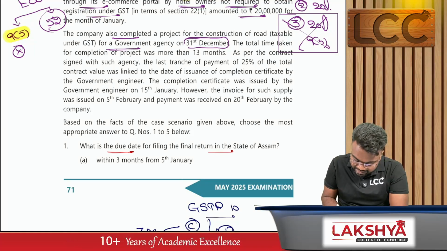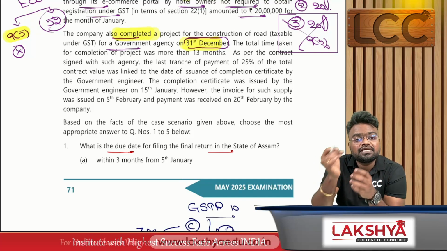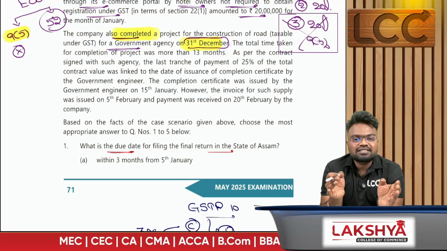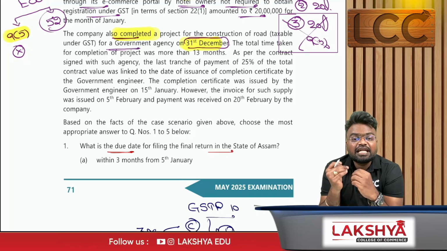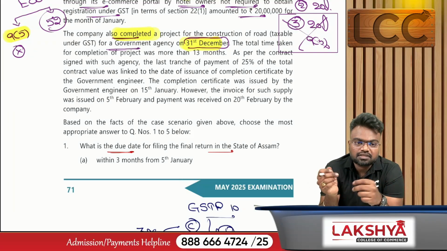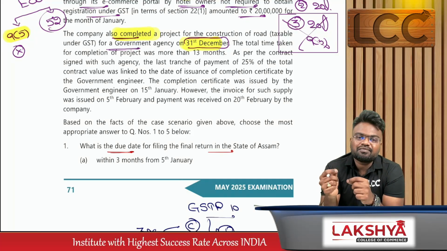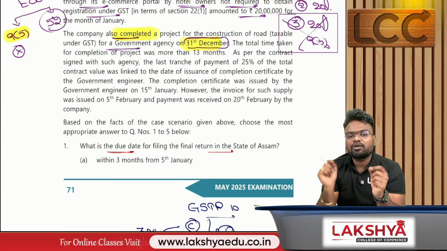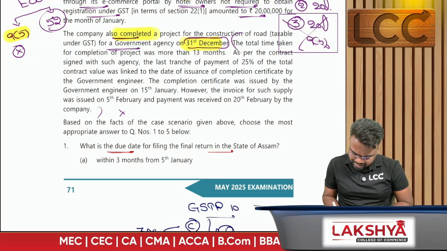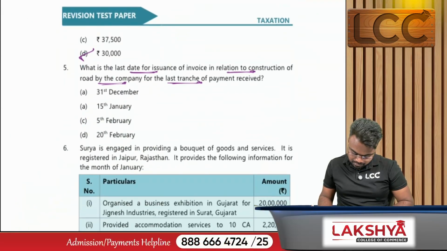So in the given case, the service is linked to completion of event. If service is linked to completion of event, the invoice is to be issued on or before the date of completion. So what is the date of completion here? 31st December. So the invoice has to be issued on or before 31st December. Everything else is not required, because the answer is on or before 31st December.